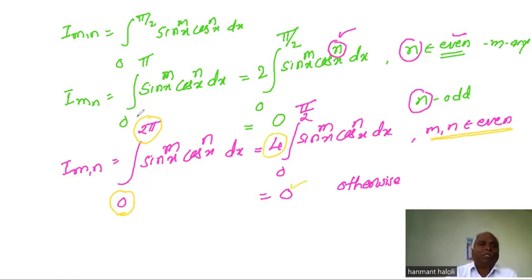And for limits 0 to pi, you check only the cosine power. If the cosine power is an even number, it becomes 2 times. Otherwise, it is 0. And for the integral 0 to pi by 2 in both variables, we get other conditions.